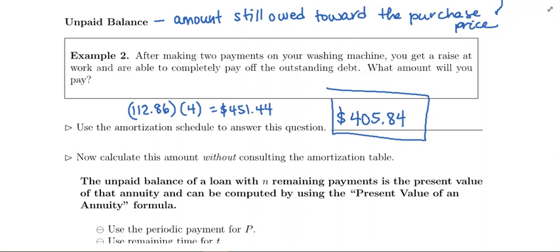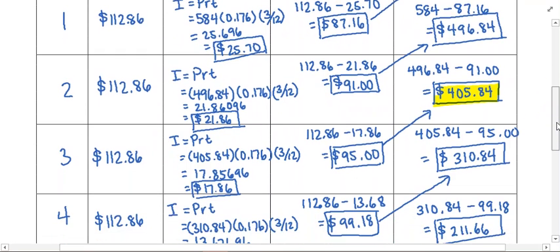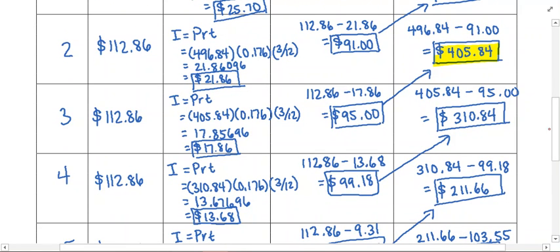Notice there's a difference between these two approaches. Why is this incorrect? Look at your amortization schedule. If you were able to pay off the washing machine after the second payment, you should do that, because you wouldn't have to pay any future interest that would accumulate.